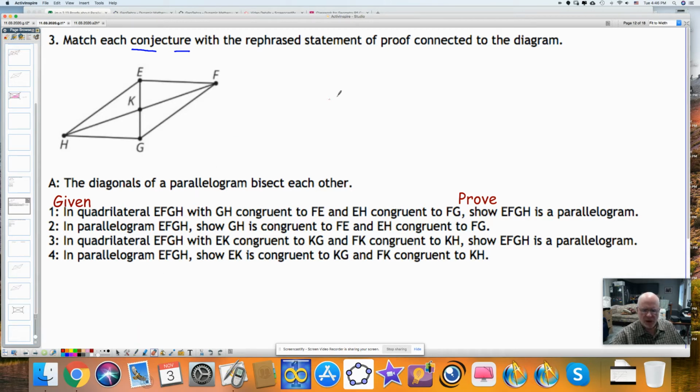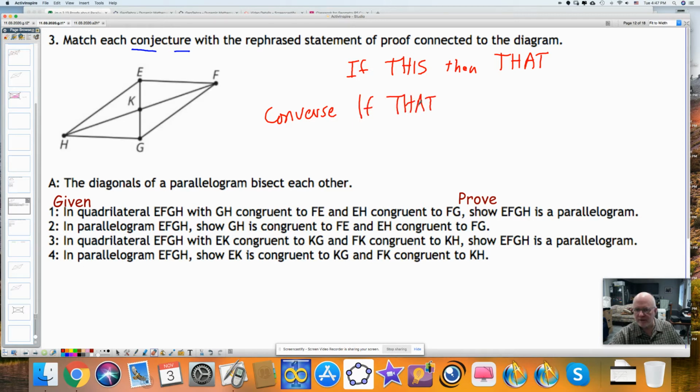converse. And I'll point out to you that if we have a statement, if we say if this, then that, the converse switches the arguments. So it would say if that, then this.